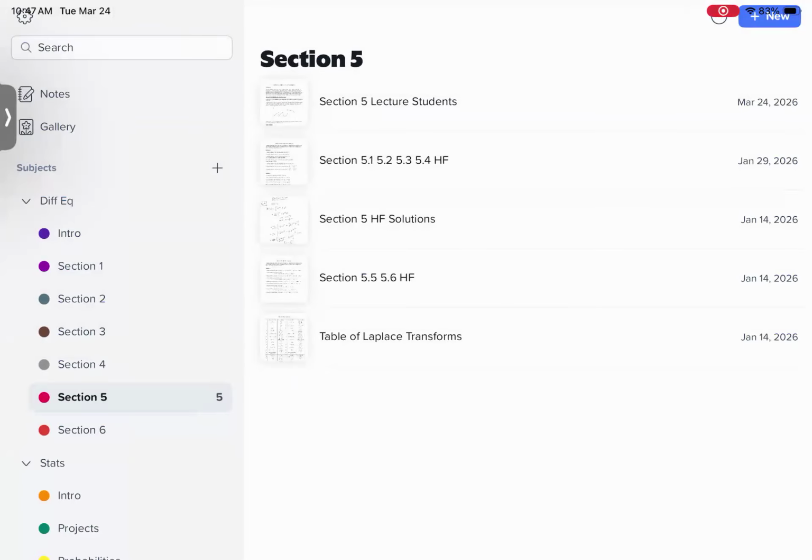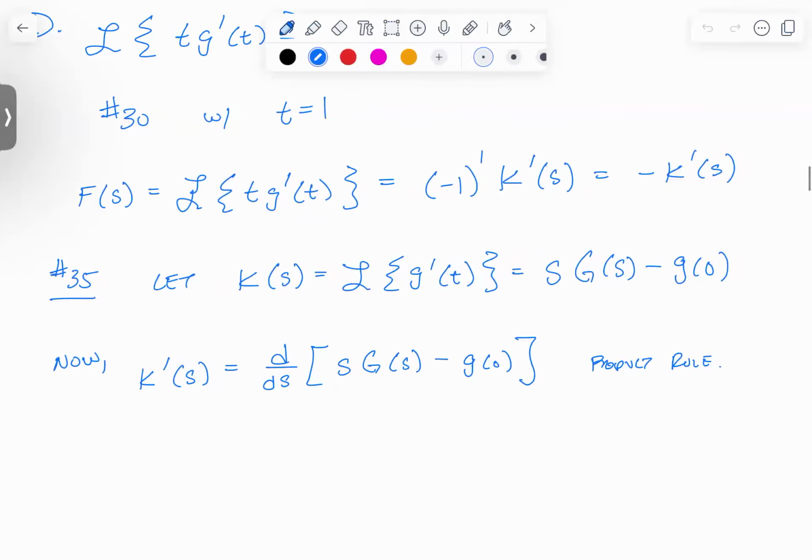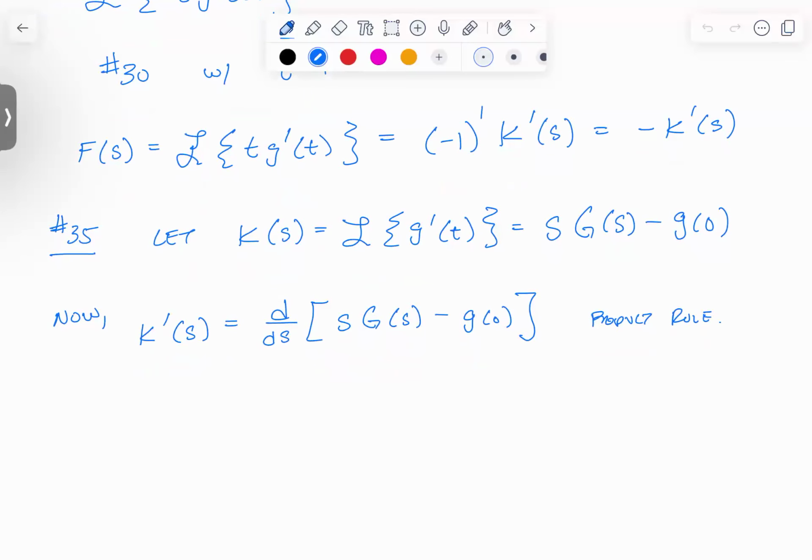When you have a derivative of the initial function, and this is why Laplace transforms are so nice, I can do a derivative with the initial function that actually transforms into something in a Laplace transform. It's designed for derivatives. That's why we use so many derivatives to adjust this. So this is literally just the product rule.